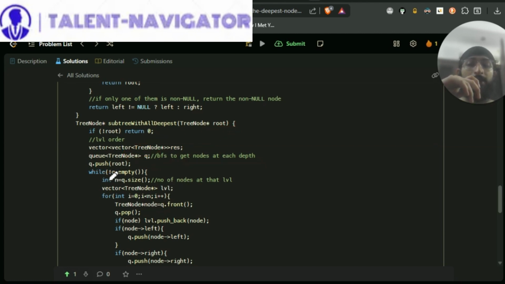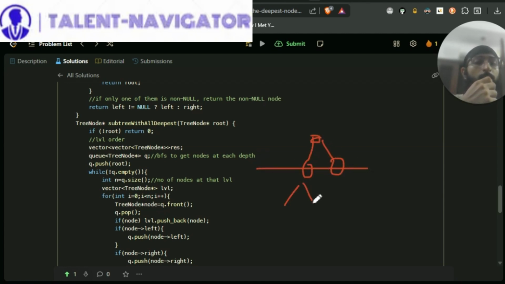A standard BFS algorithm: while queue is not empty, n is equal to queue size, which is the number of nodes at that level, and we maintain a vector of tree node star type, which will store the nodes of each level when we are traversing. Let me show you.